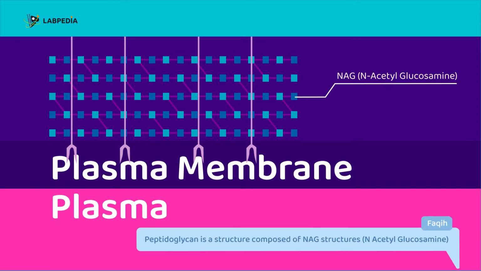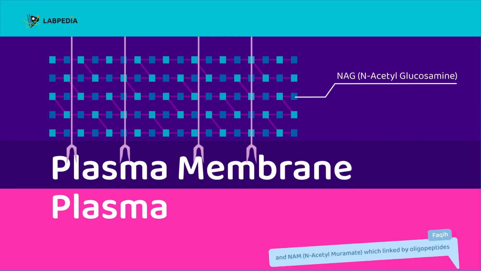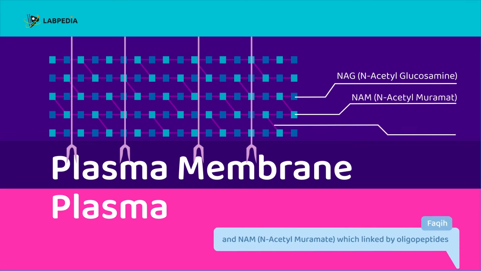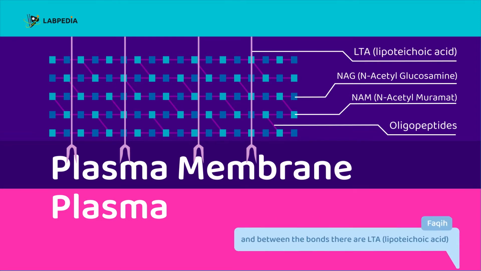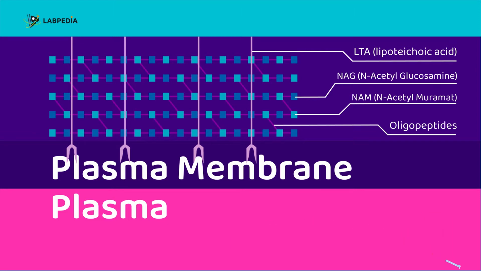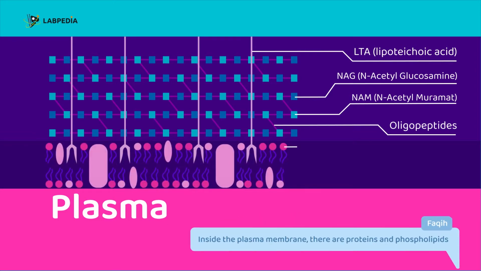Peptidoglycan is a structure composed of NAG or N-acetylglucosamine and NAM or N-acetylmuramic acid, which are linked by oligopeptides, and between the bonds there is LTA or lipoteichoic acid. Inside the plasma membrane, there are proteins and phospholipids.